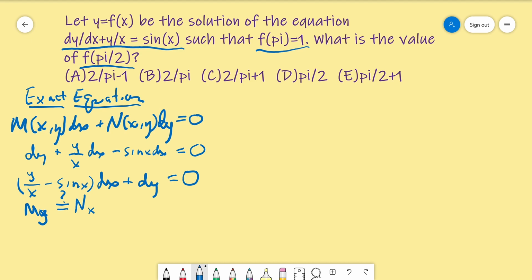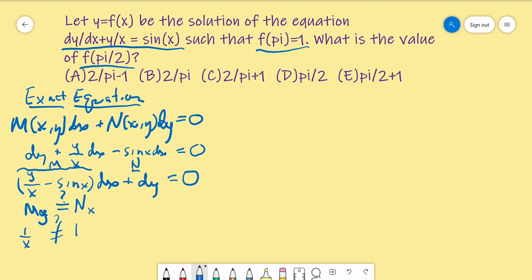Well, remember this part here, that's M, and then this part here, it's just 1, is N. So the partial derivative of M with respect to y is going to be 1 over x. That's it. And the partial derivative of N with respect to x is going to be 1. So these are not equal to each other. So this equation is not exact.